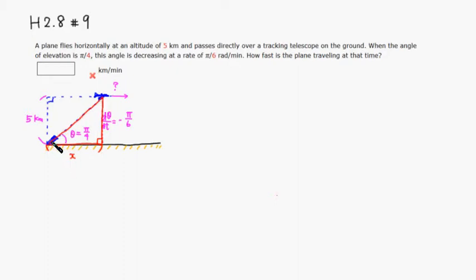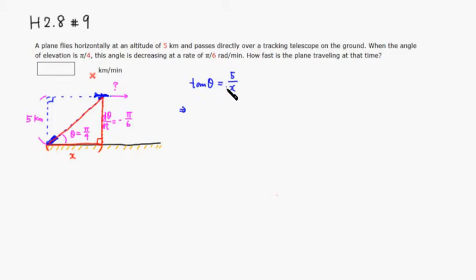Looking at this right triangle, we can set up the equation: tangent of theta is equal to the opposite, which is 5, over the adjacent, which is x.